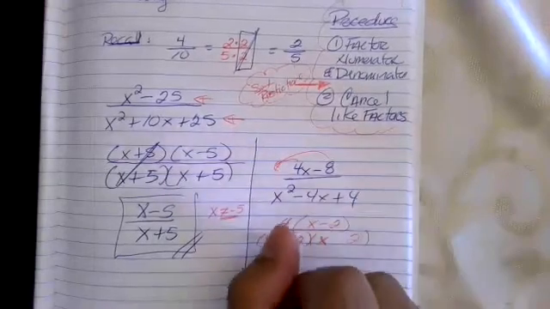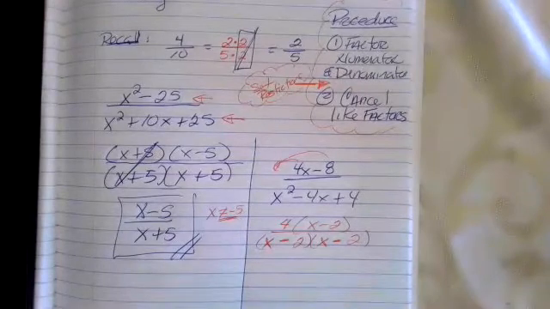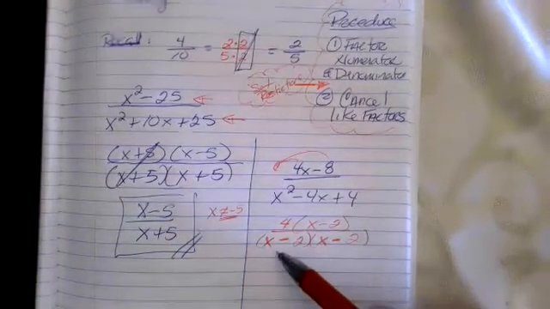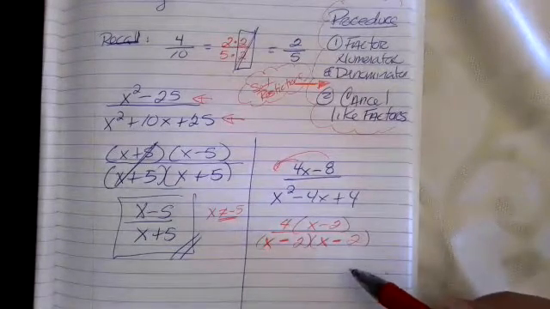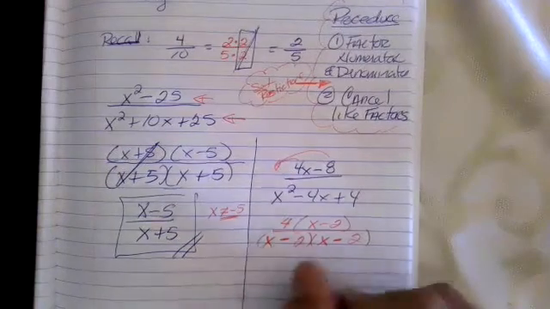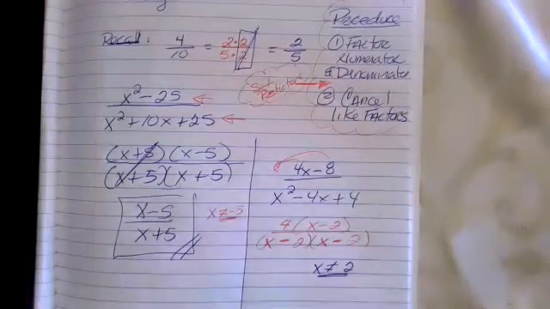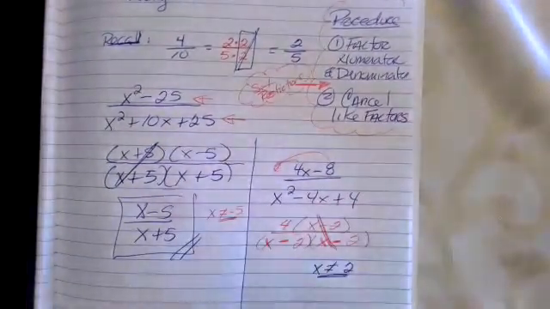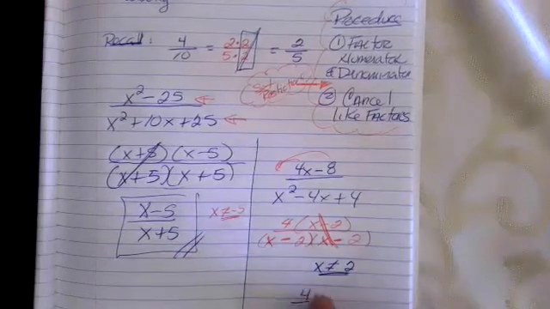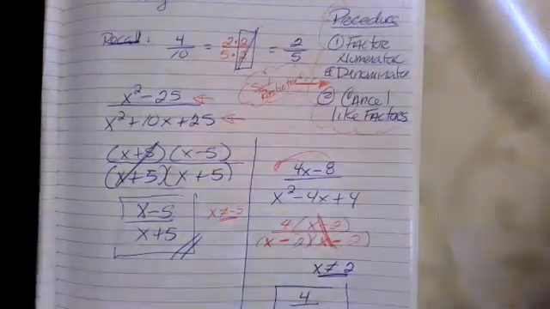My signs are going to be the same, and they're both negative. So in this case, I would set my restrictions. X cannot be equal to positive 2. That would be my restriction. I don't have to write it twice. And then I could cancel out my like factors, and my final answer for a simplified rational expression would look like that.